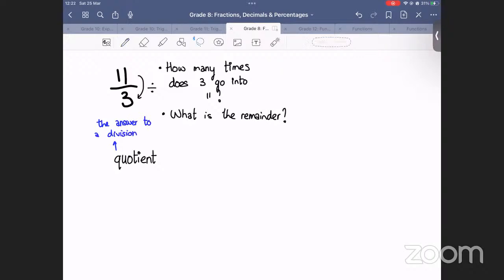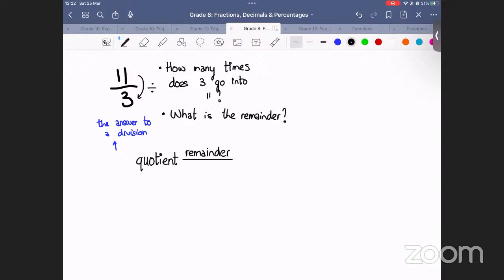So when you say 11 divided by 3, you're going to get an answer of 3. So your answer is always the quotient, right? And then your remainder, you create your fraction because it's a mixed number. And it's always your remainder over the same denominator.